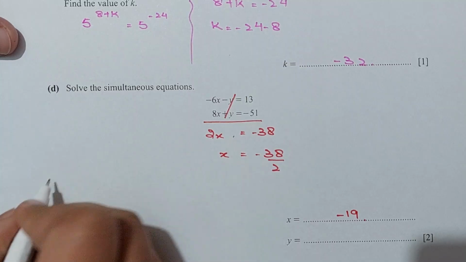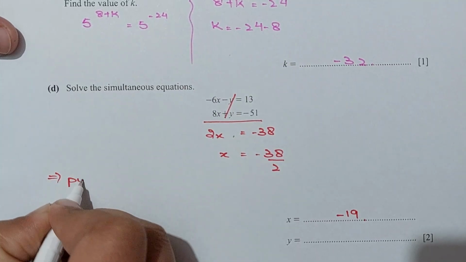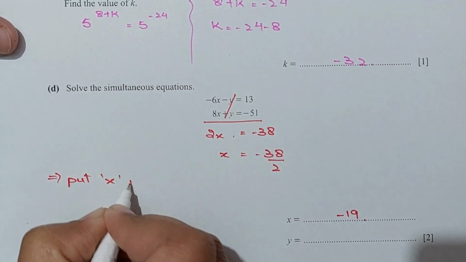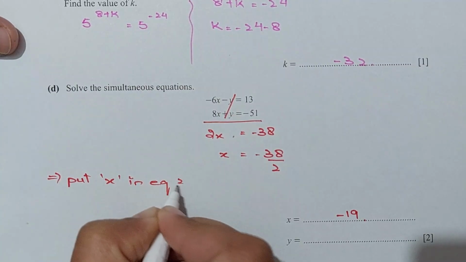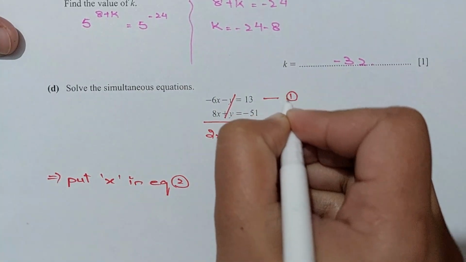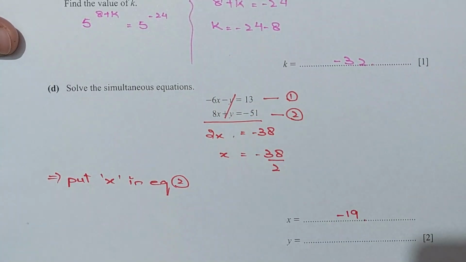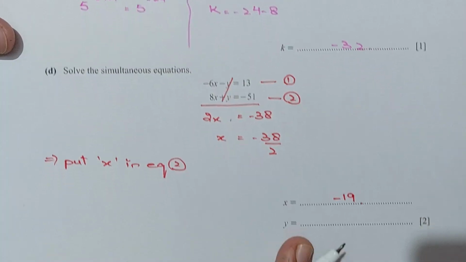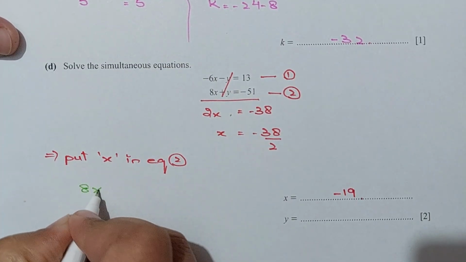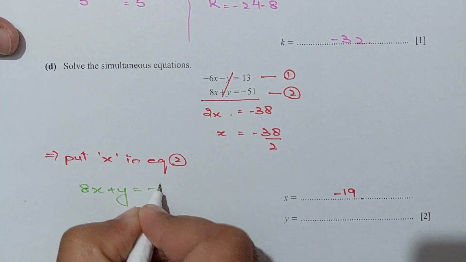Substitute the x value, put x in equation 2. This is my 1 and this is my 2, right? So I'm substituting into the second equation to get y. So 8x plus y equals minus 51.